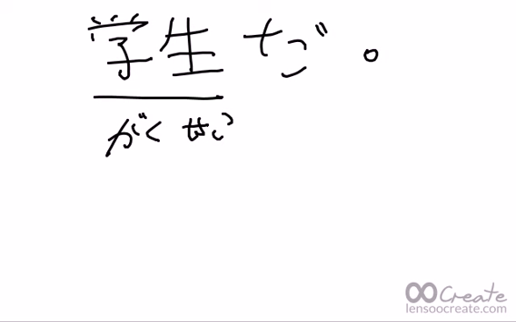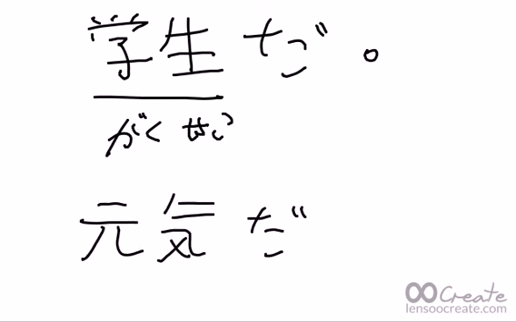Now, the last one, which is slightly more tricky, is pronounced Genki da. Genki is actually, ironically, the name of a textbook that is commonly used by many Japanese students. I never personally used it, but I know many people who do.